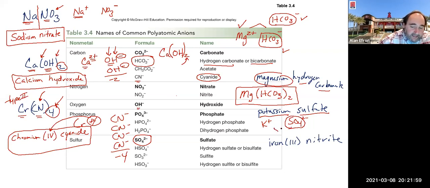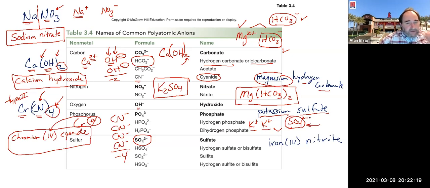When we put this together, we actually need 1 more potassium to balance that out, going to give us K2SO4 as our formula. Again, 2 potassiums, each at +1. 1 sulfate at -2. Everybody balances out to 0.